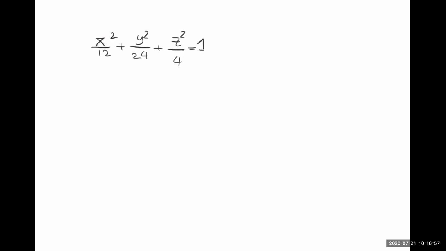This is surface number 1. We have another surface, surface number 2, a cylindrical surface given by the equation y equals x squared. So sketch these two surfaces.